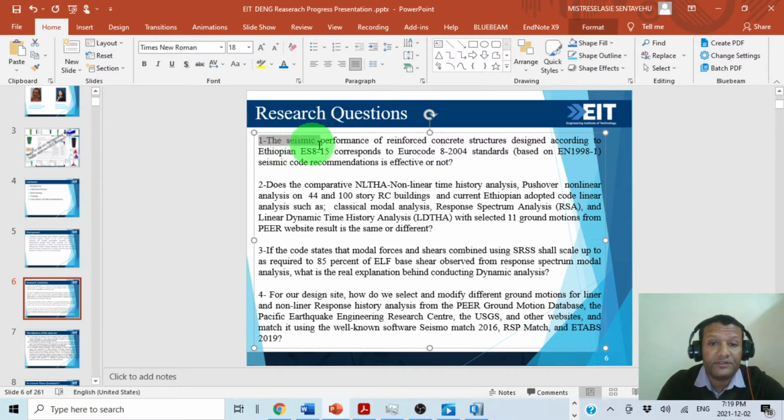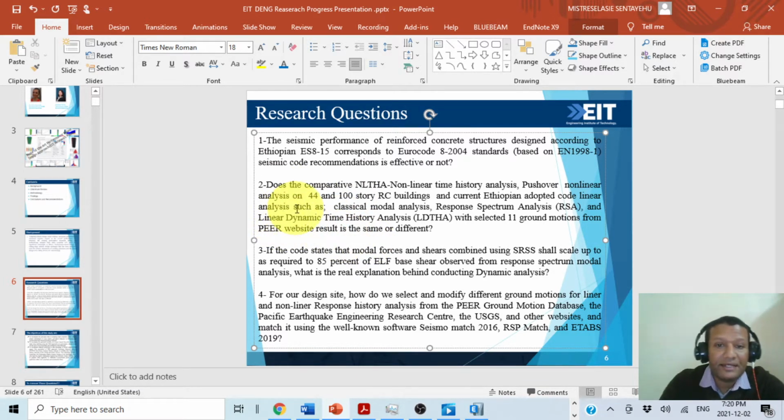This is the first question, because we adopted it, even if the name is Ethiopian Standard 8, it is directly the same as Eurocode 8 2004, and it is also the same as European Norm 1998-1. So is this effective or not effective? This is the first thing.